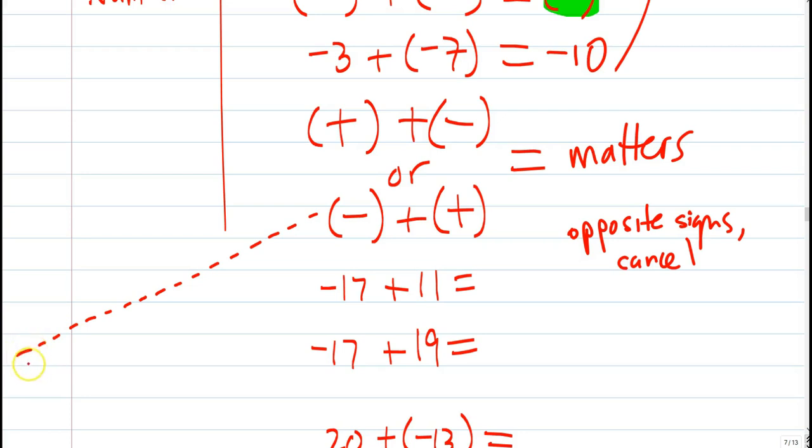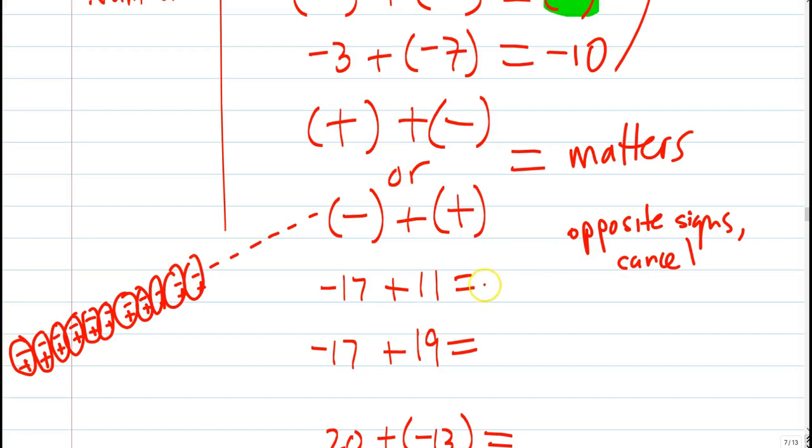Every time I put a positive in there, 1, 2, 3, 4, 5, 6, 7, 8, 9, 10, 11, every time I have a negative 1 and a positive 1, they make a 0. Every time I have a negative 1 and a positive 1, they cancel each other out. And every positive cancels with every negative that we have. And so what am I left with? Well, we end up with more negatives, right?